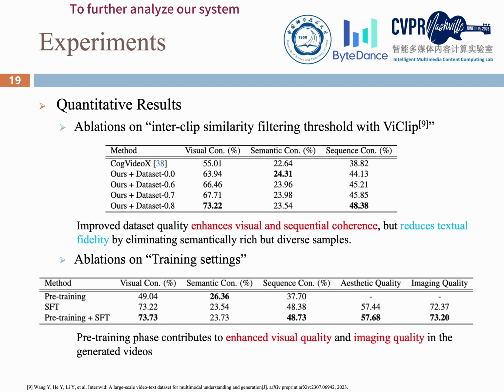To further analyze our system, we perform 2 ablation studies on: 1. The ViCLIP similarity threshold used in dataset filtering, and 2. The effect of the pre-training phase. On the top, we show results using different inter-clip similarity thresholds when constructing the fine-tuning dataset.